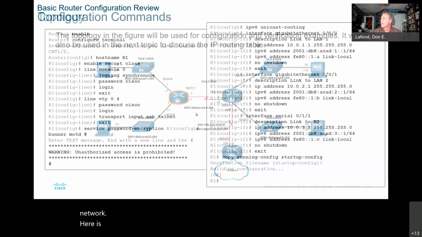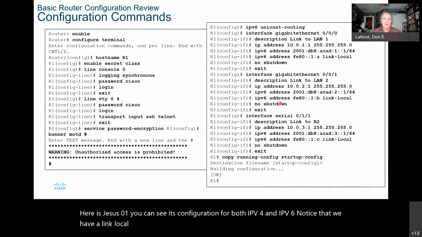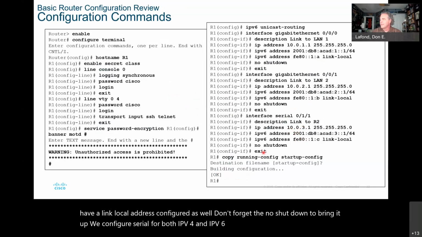You can see its configuration for both the IPv4 and IPv6. Notice that we have a link local address configured as well. Don't forget the no shutdown to bring it up. We configure serial for both IPv4 and IPv6 in the link local, and then no shutdown.